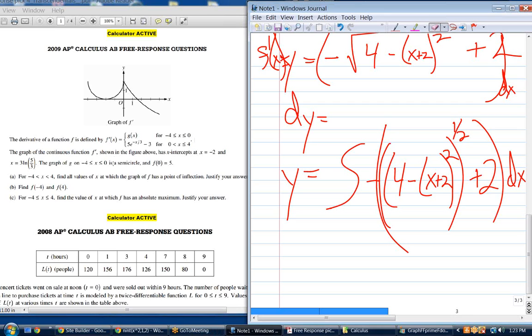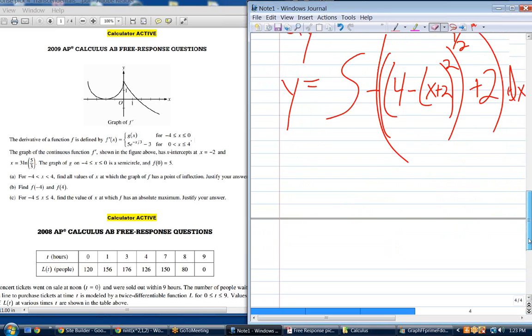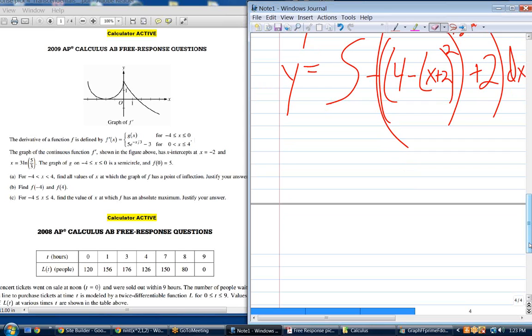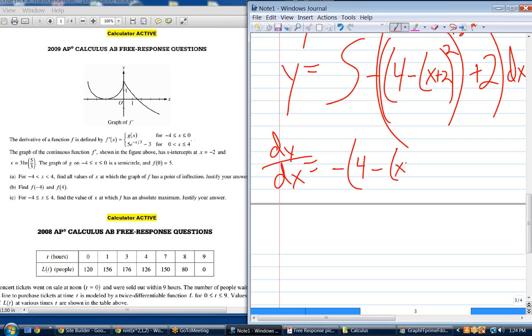In other words, this piece of information, f of 0 equals 5, means that when I solve this differential equation, notice that what I really have is dy dx equals minus 4 minus (x plus 2) squared plus 2. There's my differential equation.